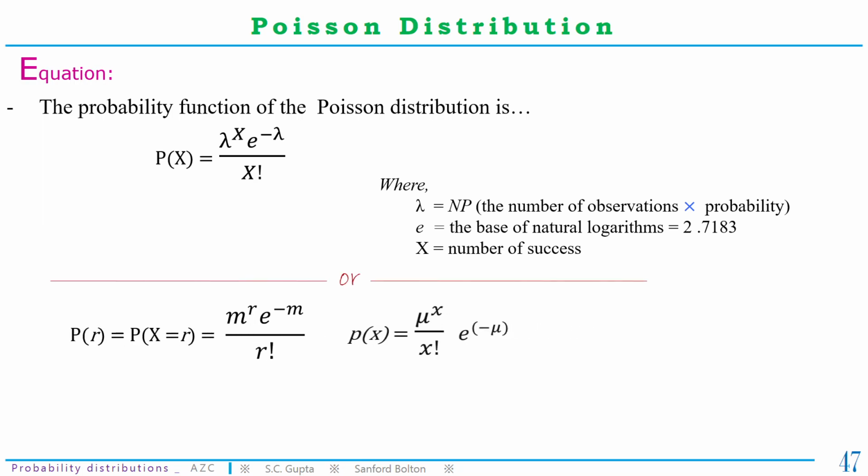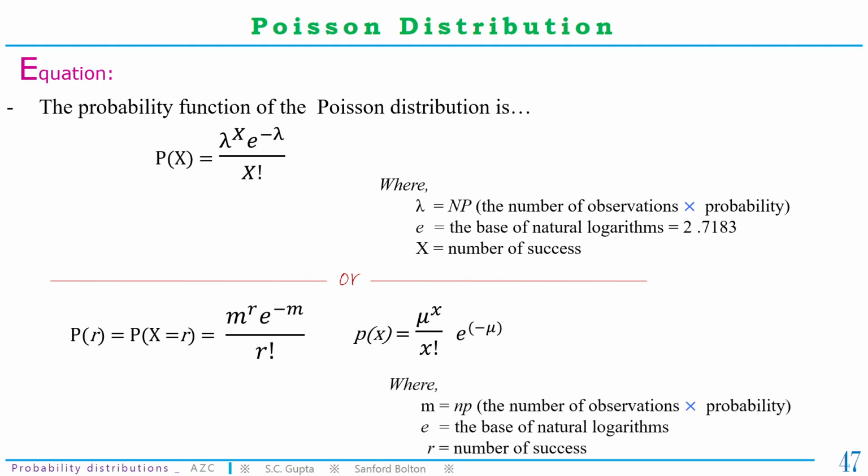In some reference sources, you may find this equation of the Poisson distribution with different symbols of parameters, where m is NP, that is, the number of observations into probability, e is the base of natural logarithms, and r is the number of successes.